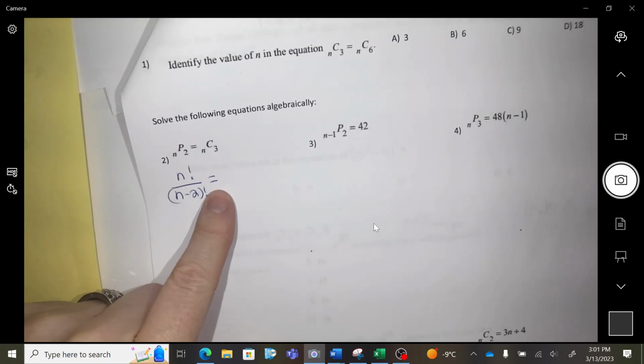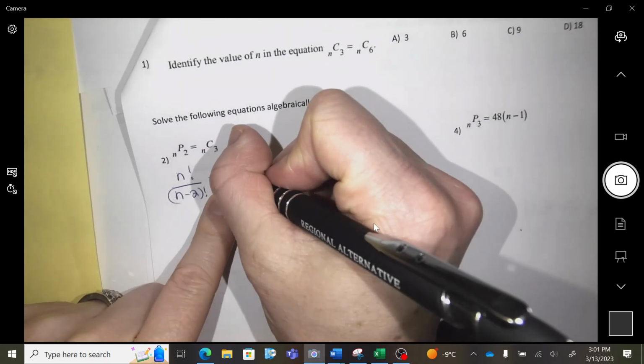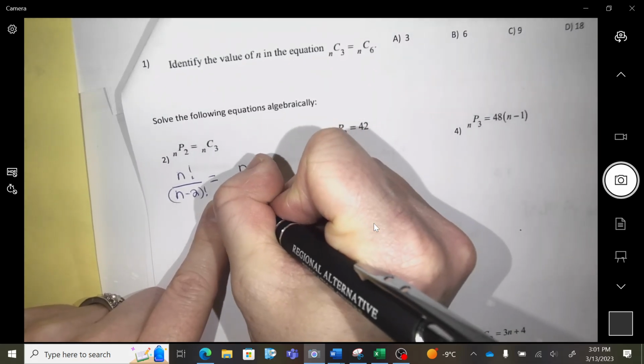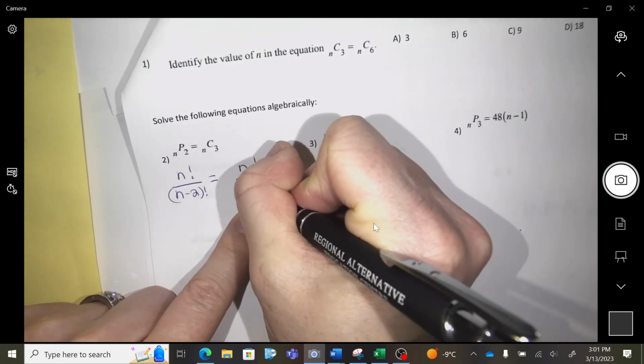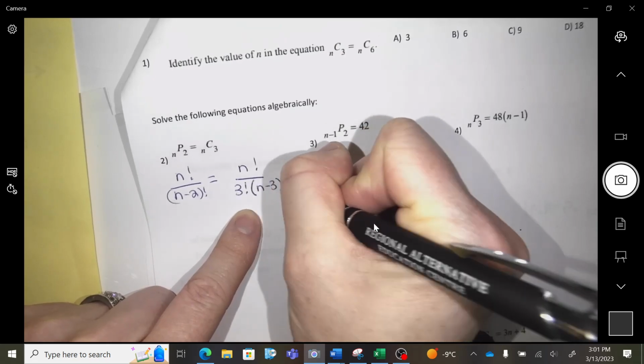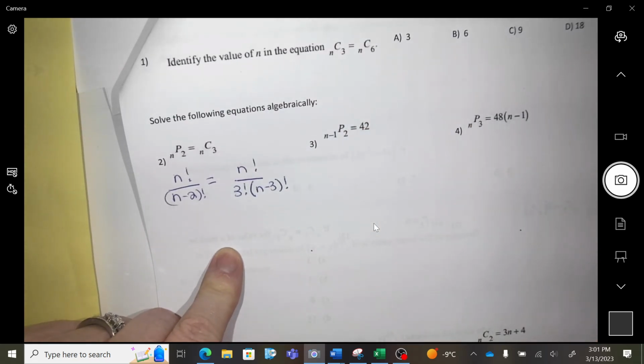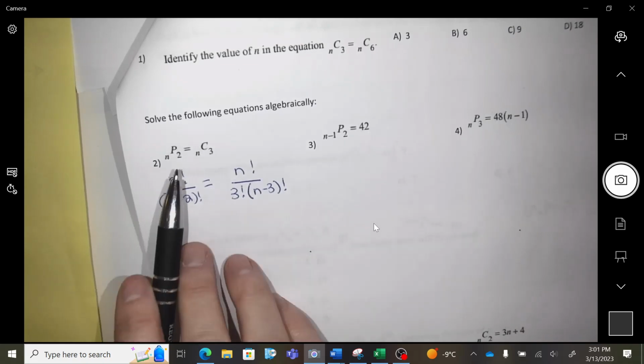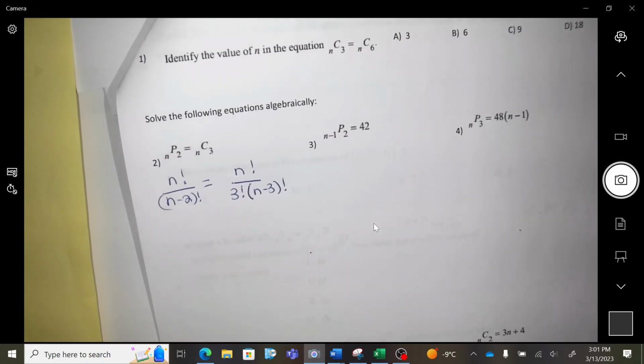Okay, nC3, on my formula sheet, so n factorial over 3 factorial times n minus 3 factorial. No, because this is a P and this is a C formula. So it doesn't work. Like you wanted to answer 5.